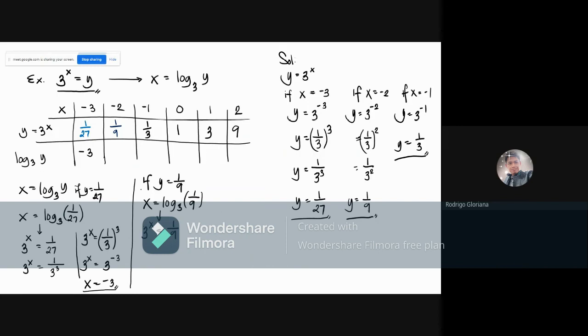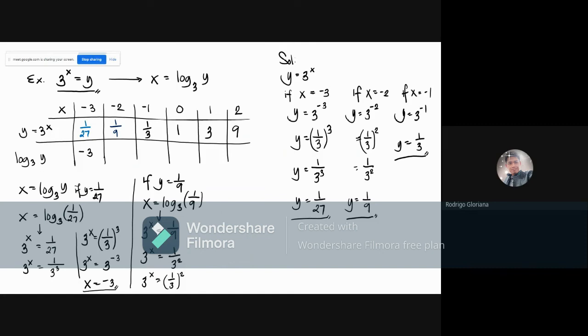And what's next? We have to get the base 3. So, 3 raised to x equal to 1/3 squared, which is 1/3 raised to 2.